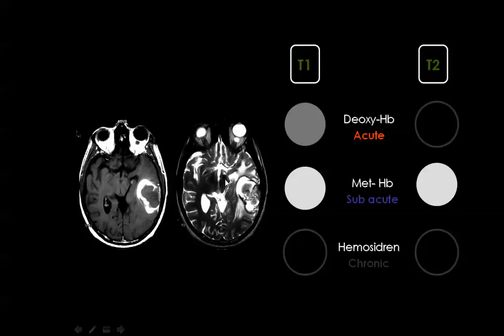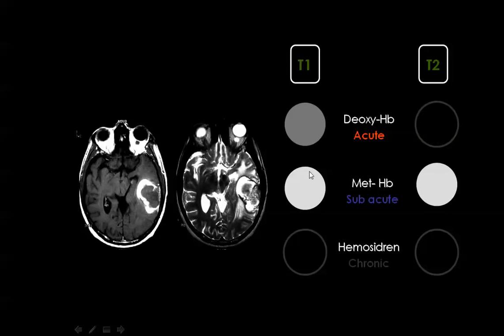Then go to this appearance. This is T1 and this is T2. If the hematoma is changing from acute to subacute to chronic from the periphery, then the central part of the hematoma will be the most recent one. Then the central part of the hemorrhage will be the acute hemorrhage, which will show a gray signal in the T1 and a dark signal in the T2.